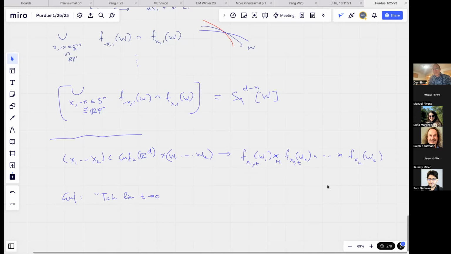Take the limit as t goes to 0, use the Fulton-MacPherson modulo translation and scaling operad, and get a partially defined E-infinity structure on these geometric cochains, which then compares to the cochains as E-infinity algebras.